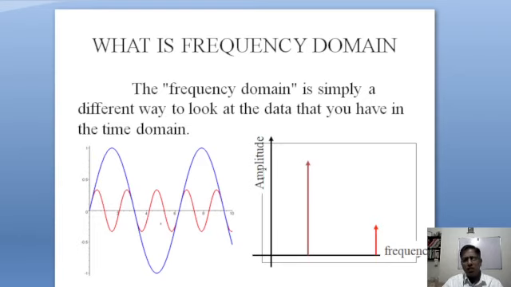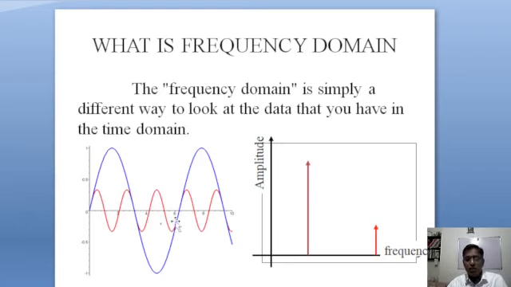So frequency is nothing but the reciprocal of the time period between two successive peaks. That is why the amplitude of the blue wave is represented in the frequency domain with a much higher peak, whereas the frequency of the red wave is quite high, because the time period between the two successive peaks is very less.